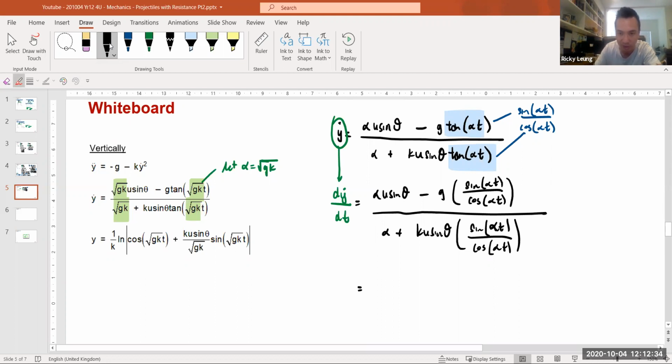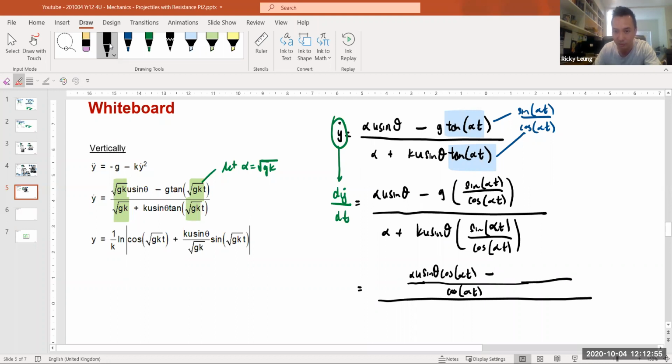So it's common denominator at the top. So you sort of get cos alpha t, whereby at the top you'll get alpha u sine theta cos alpha t minus g sine alpha t.